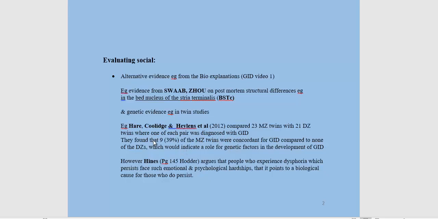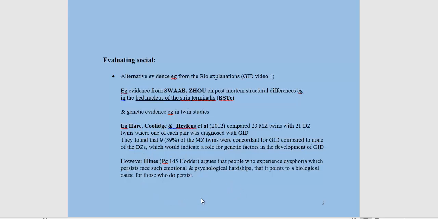And what they found was 9 of them, so 39% of the MZ twins, were concordant, meaning they were similar for GID. So when one was, the other one was as well, but only 39% of them, compared to none of the DZ twins. So obviously that implies that there is something genetic going on, and there's a biological cause going on, but 39% is, as we'll refer to later, not particularly high.